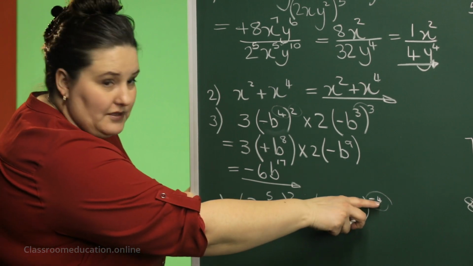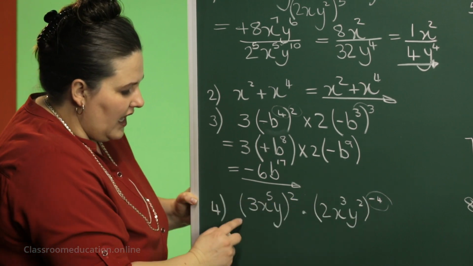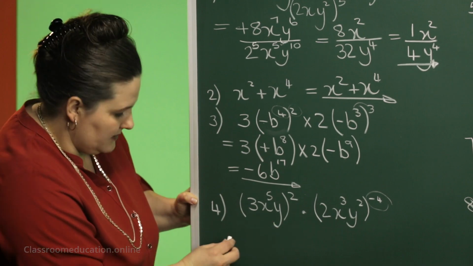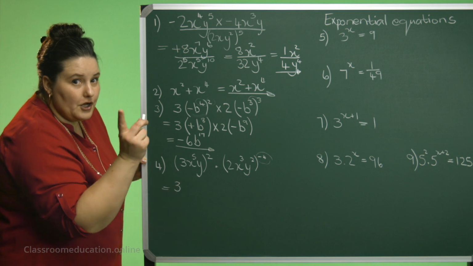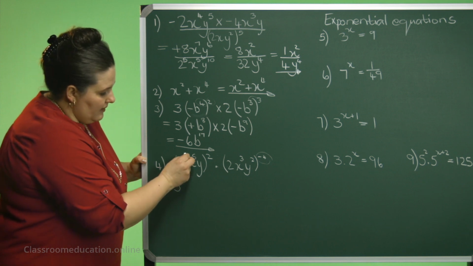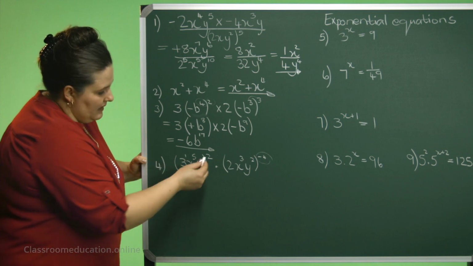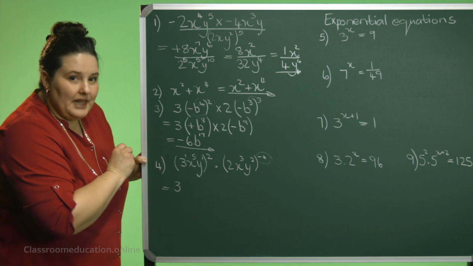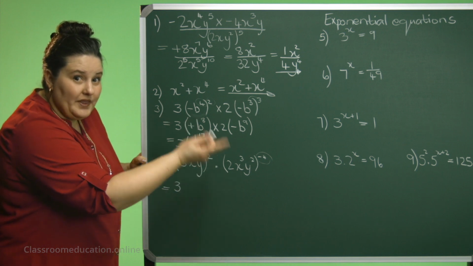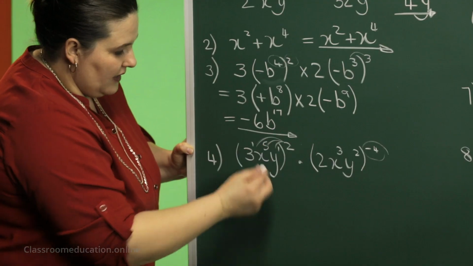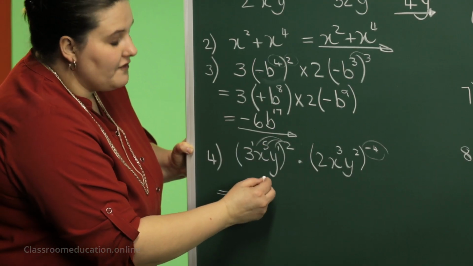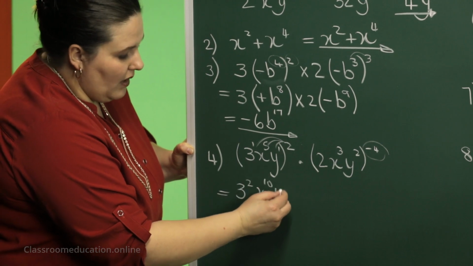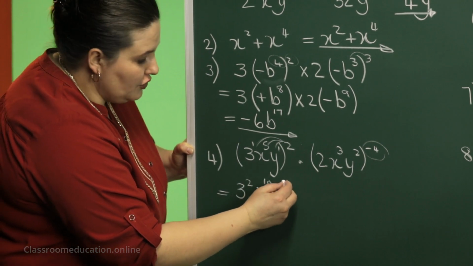While I'm working towards that, I am also going to simplify this. So I have the third law of exponents. It's to the power of 1. You need to multiply the exponent outside with all the exponents inside. So it will be 3 to the power of 2, x to the power of 10, and y to the power of 2.